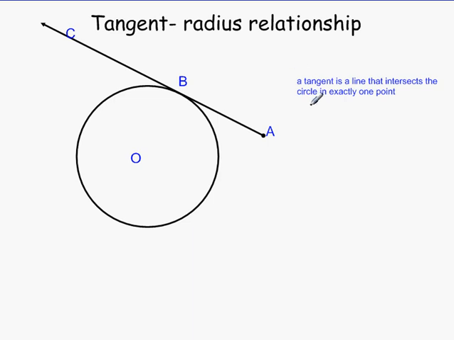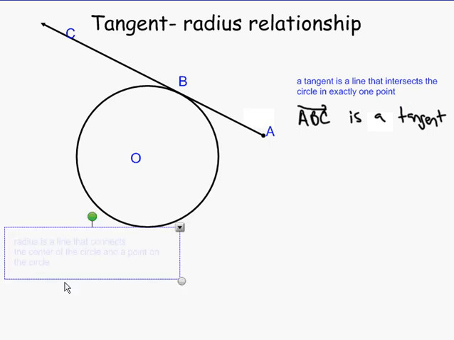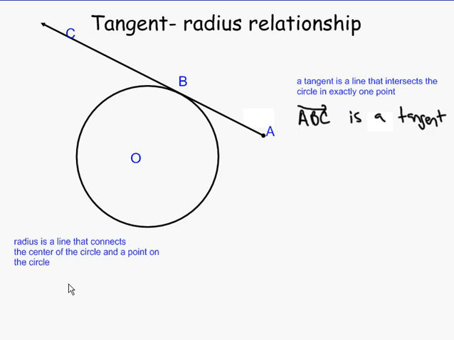So ABC is a tangent, and it's tangent to circle O at point B. A radius is a line that connects the center of the circle and a point on the circle. So we could say that OB is a radius, assuming that point O is the center.